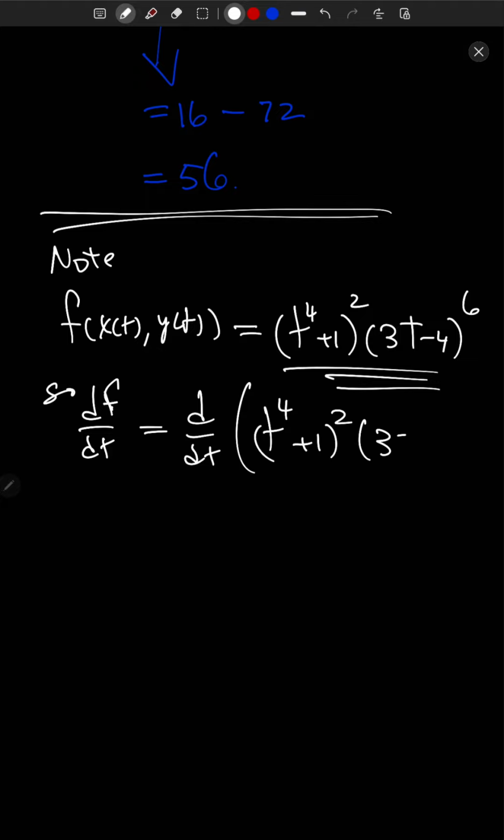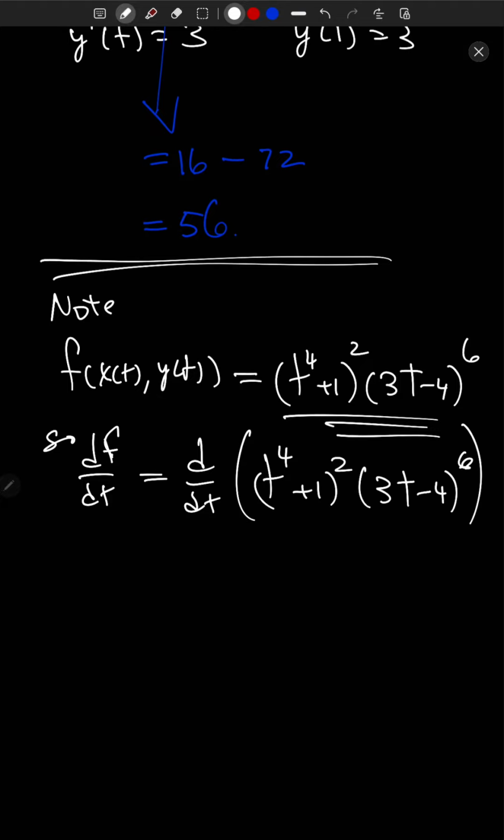And if you do this, you're going to end up with exactly the same answer that we got, all right, at t equals 1, okay? So you'll get the same answer. At t equals 1, or at any other value, of course, but we just calculated at t equals 1.